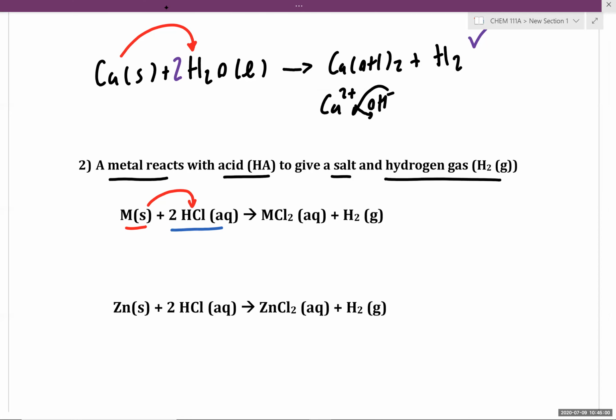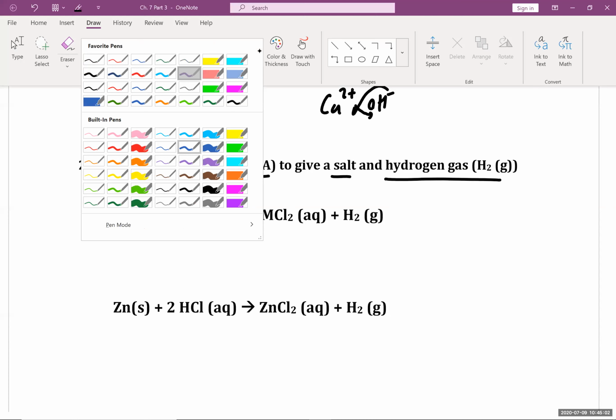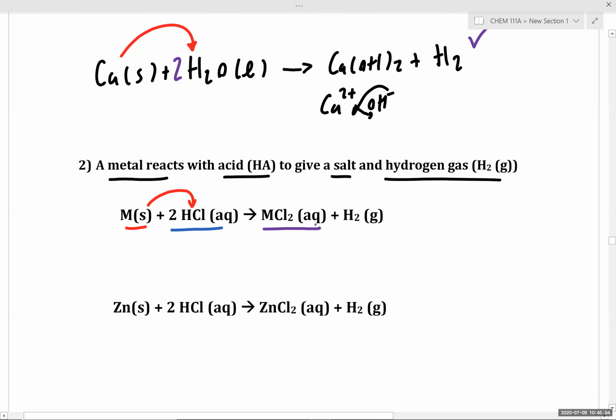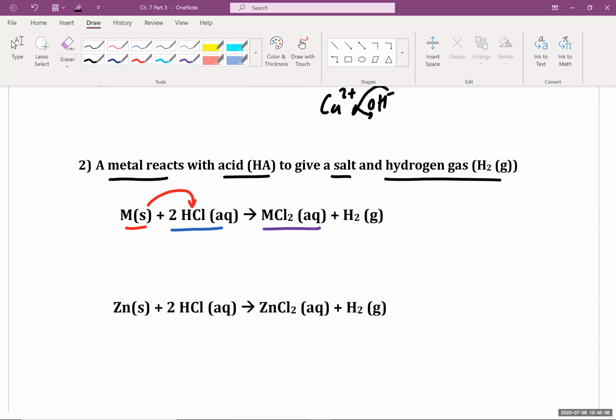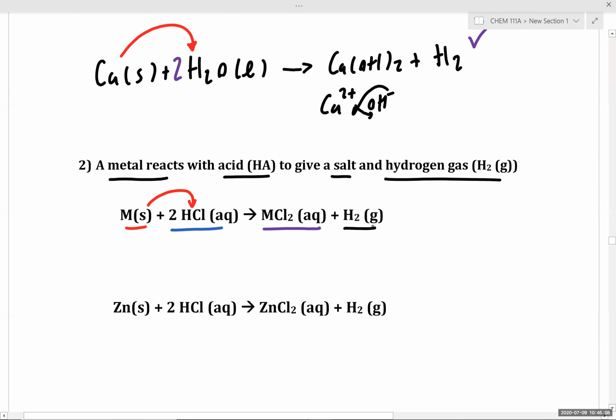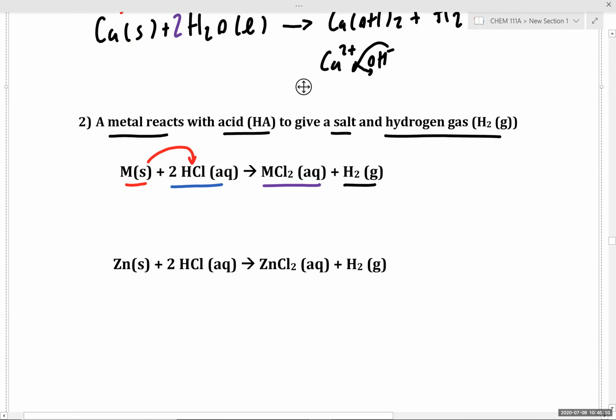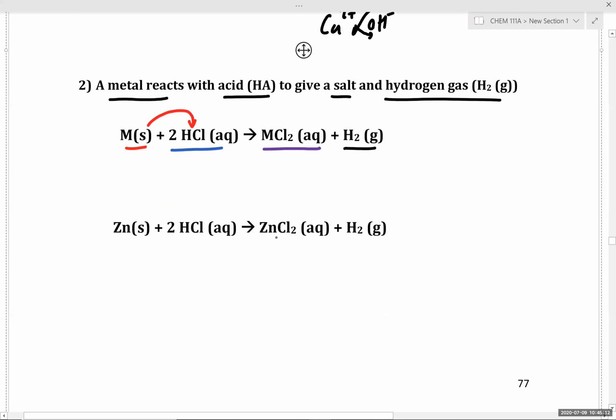That in turn generates a new compound and a pure element, which is hydrogen gas. So for example, if you put zinc in hydrochloric acid, you'll get zinc chloride and hydrogen gas.